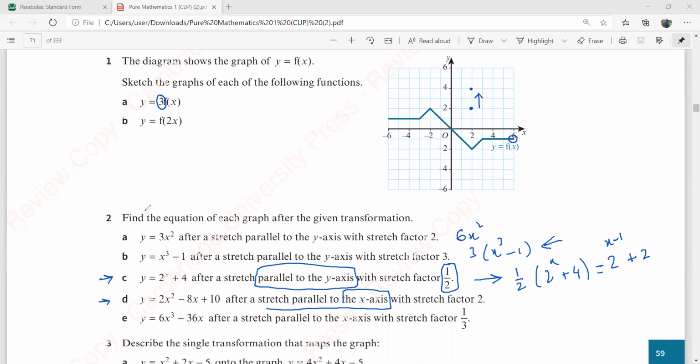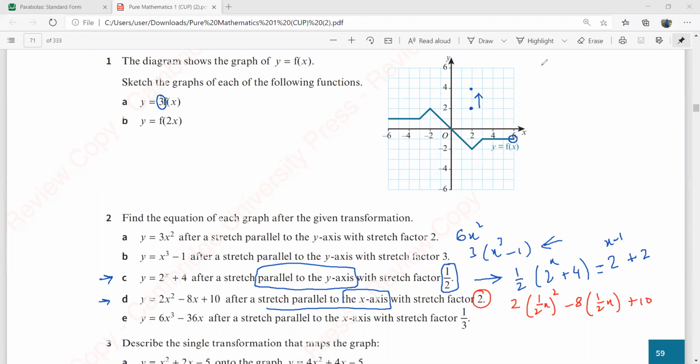Sir, we will not divide this by 2? Beta, you will write this as 2 into half x squared minus 8 into half x and then plus 10. If your scale factor is 2 here, you have to write the reciprocal over here.